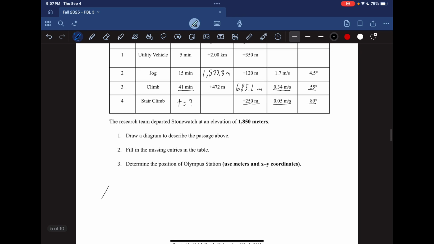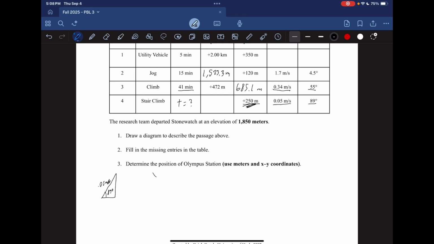So I'm going to draw a picture here. So we have 89 degrees at 0.05 meters per second. Since we already have the y component of displacement, I'm going to use that to solve for time.